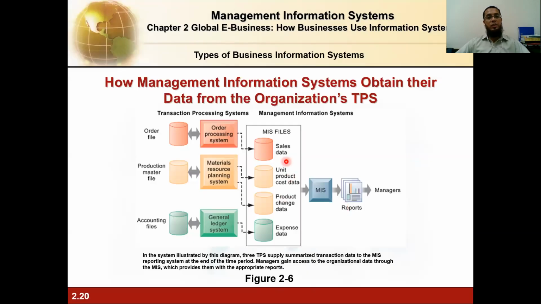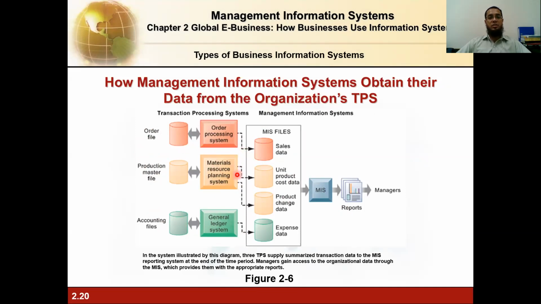Here you see how MIS systems obtain their data from the organization's TPS. For example, this is the order file, this is the master production schedule, and this is the accounting file that feeds the order processing system. Take the Volta battery example. Then material requirements planning, general ledger, and the order processing system go to the sales data.